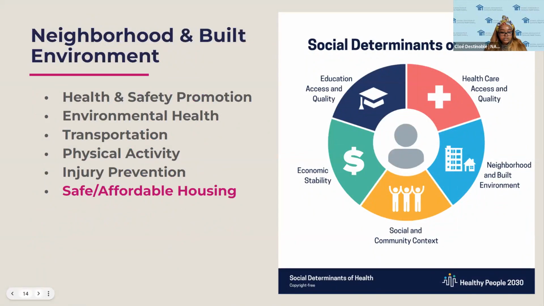Okay. So within the framework are 5 different components, and one of them is health and safety, and they are health and safety promotion, environmental health, transportation, physical activity, injury prevention, and safe, affordable housing, one of which is the neighborhood and built environment.